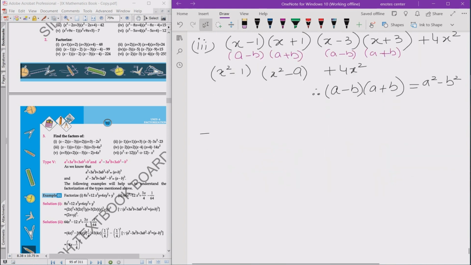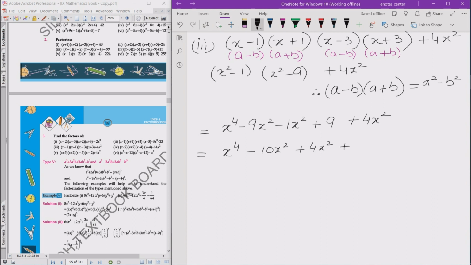Again solve this question. x to the power 4 minus 9x square minus 1x square plus 9 plus 4x square. So we have x4, this one is minus 10x square plus 4x square plus 9.